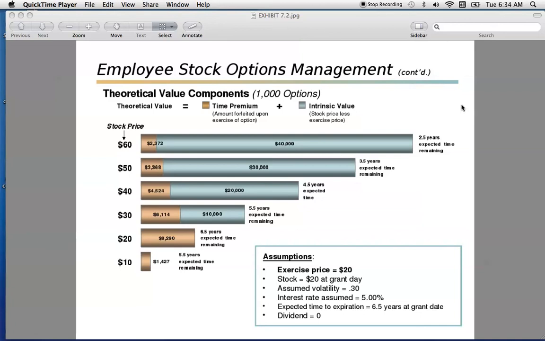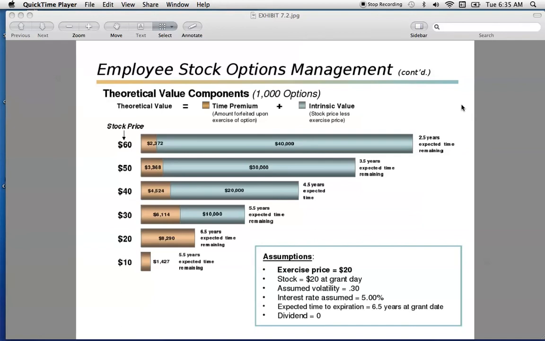So with those assumptions, 1,000 options are worth, on the grant date, $8,290.